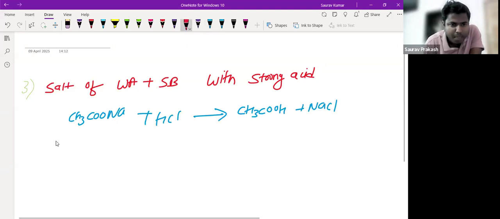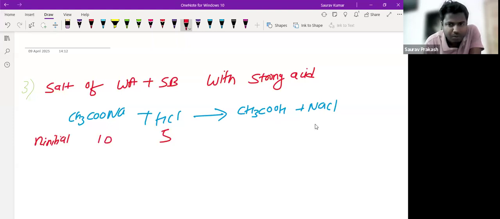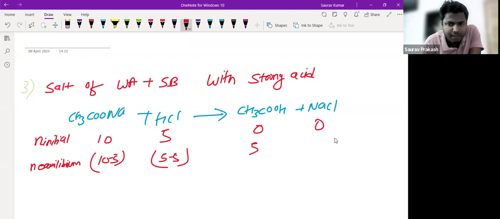So if you take initial moles 10, here 5, here it becomes 0, here it becomes 0. Initially there is no product formation, so it is 0. Applying the limiting reagent concept, it becomes 10 minus 5, here 5 minus 5, here 5, and here 5.